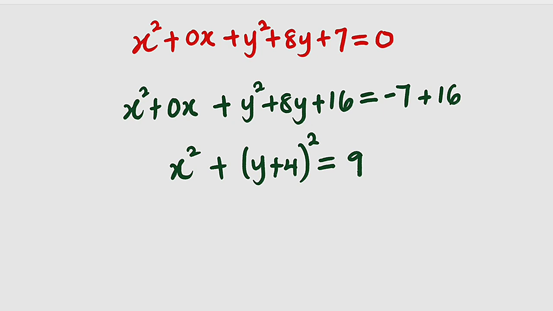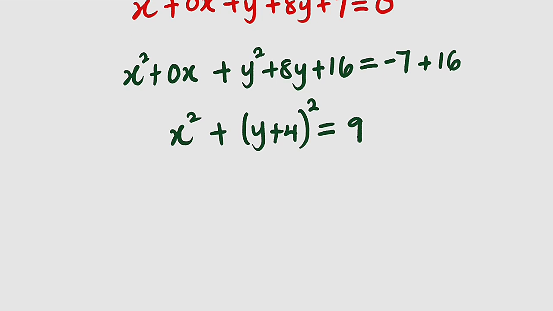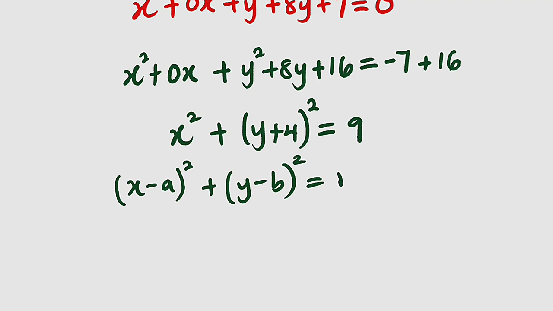So this is our equation in standard form, which, if you can remember, we can write as x minus a whole squared plus y minus b whole squared equal to r squared, where we say that the center of that circle will be what?